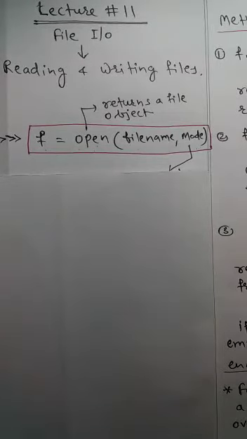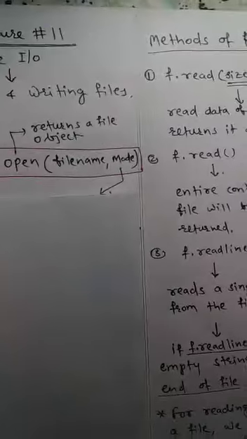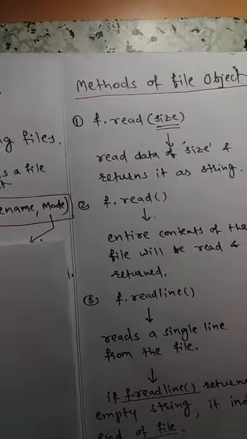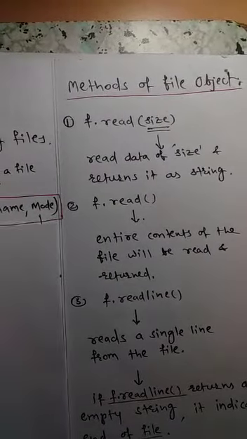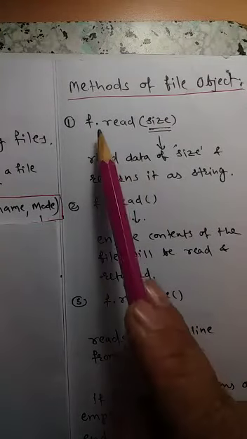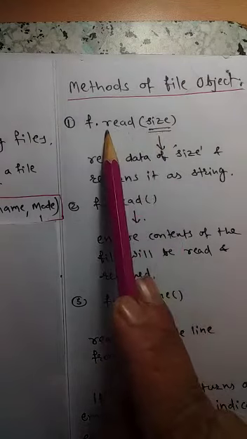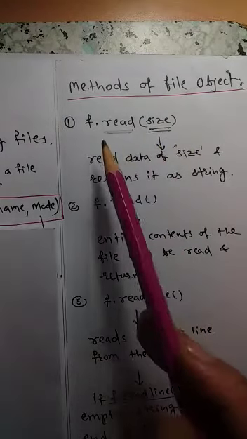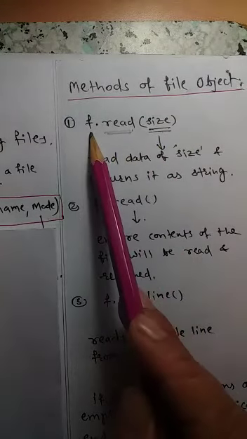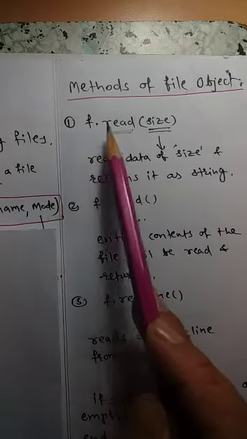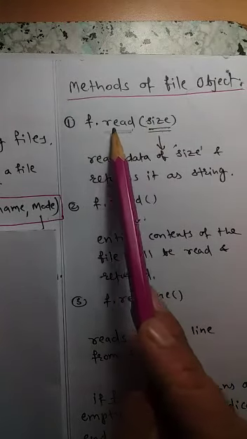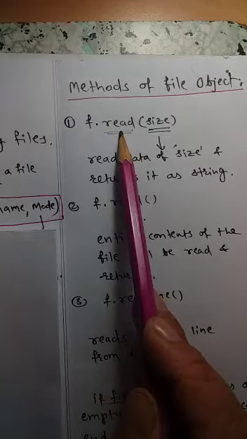Now we'll see the various methods or functions of file object. Here we have various methods of file object. The first one is f, the file object, dot read, size. When you are opening a file for reading purpose in read mode, at that time you can apply the read method.